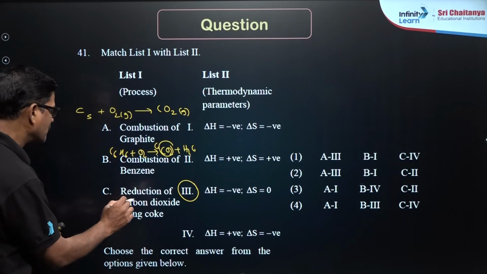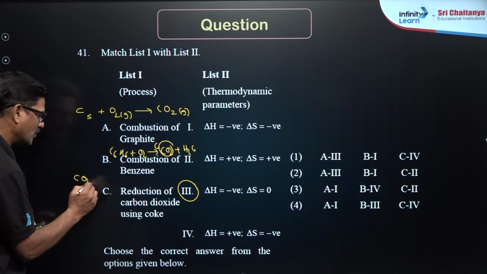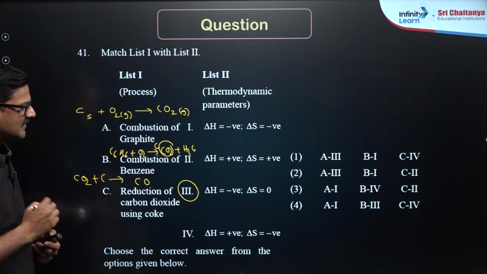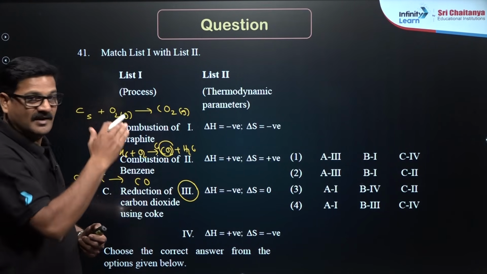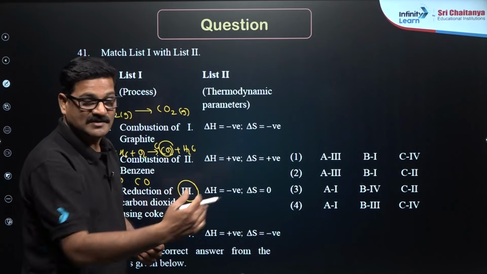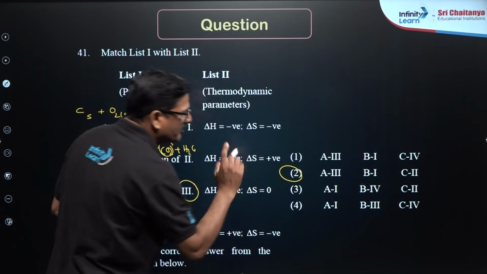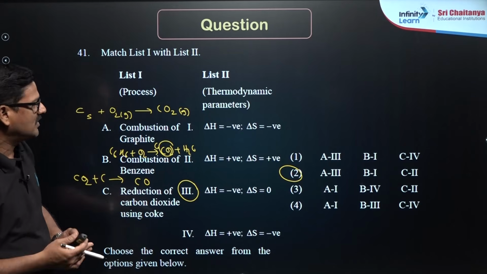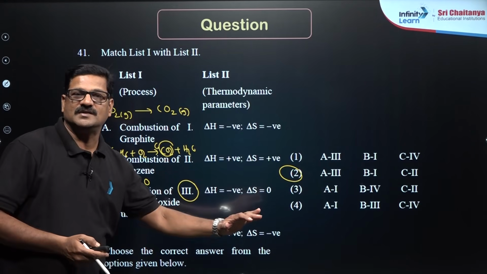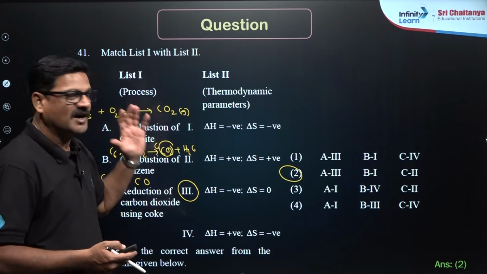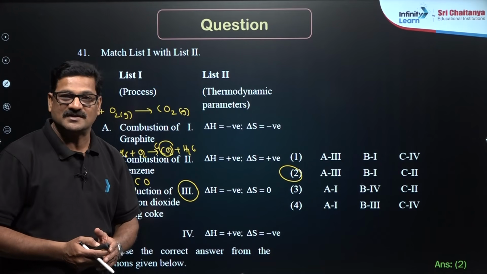And reduction of carbon dioxide, CO2 plus carbon, gives rise to carbon monoxide. In the Ellingham diagram also you can see the downward trend, so it is going to be A3, B1 and C2 here. Both are positive in this reduction of carbon, and option 2 is the correct answer for this question.